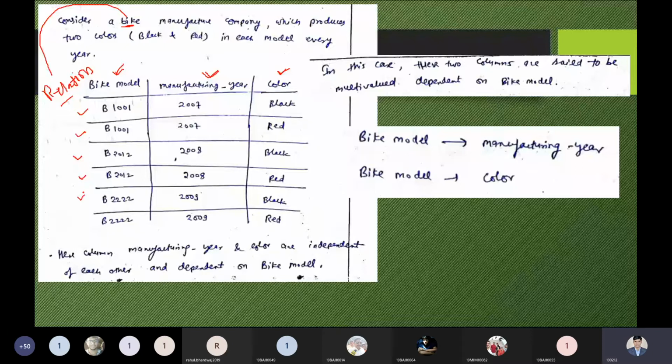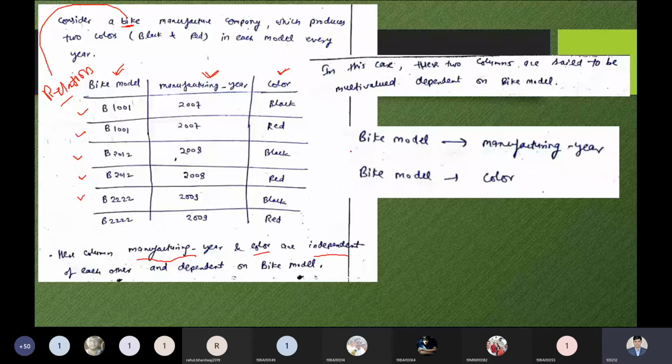Here you can see the columns manufacturing year and colors are independent of each other. There is no relation between the manufacturing year and color. Color has its own different values such as black, red, blue, and so on. But talking about the manufacturing year, we have different kinds of values in the form of integers or decimals, like 2007, 2008, and so on.